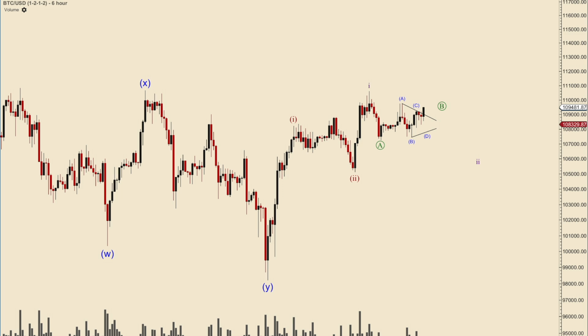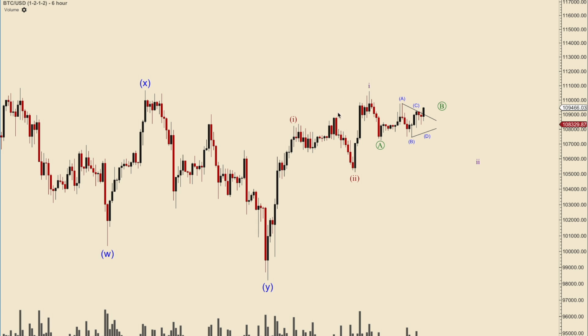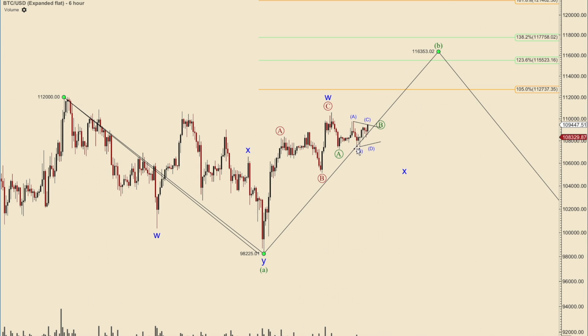We're only talking about probabilities here. But you can see the directional bias for a 1, 2, 1, 2 is also upwards. So we have an expanded flat upwards, and also 1, 2, 1, 2 also upwards. And we don't care as long as we know the directional bias, and that is upwards. So we'll take it step by step, and if we see a combination here, then we know it is high probability that this is a wave B, and we need to prepare for a move down as a wave C.